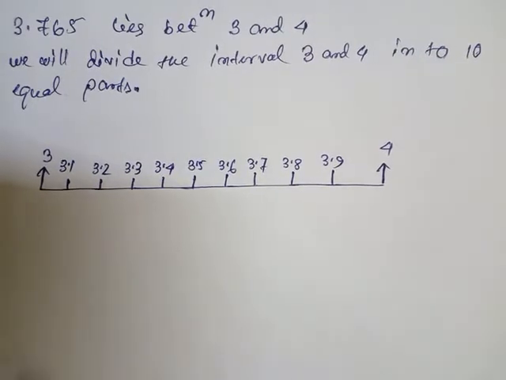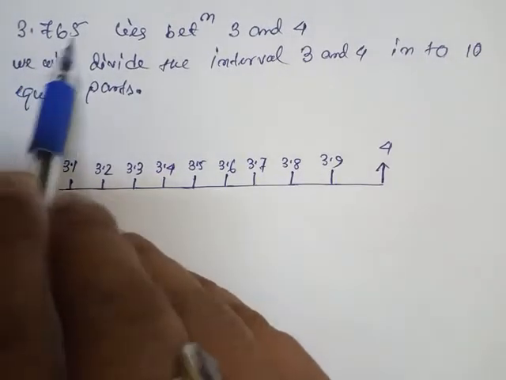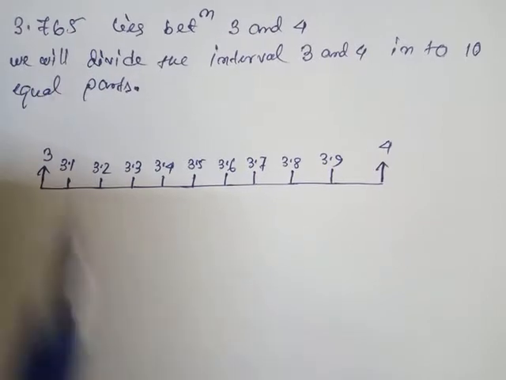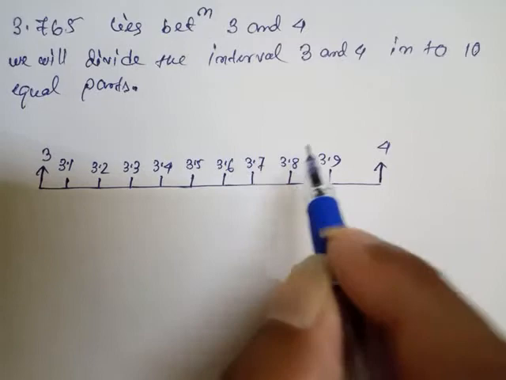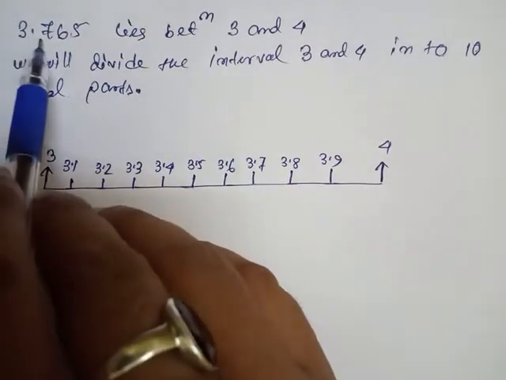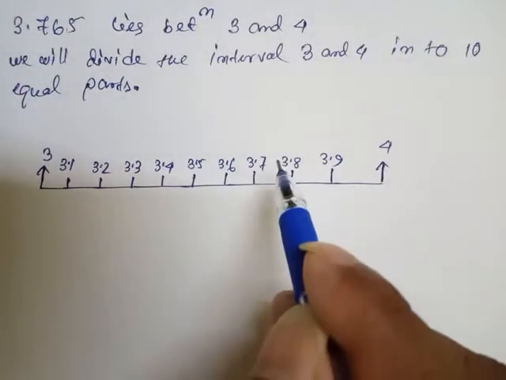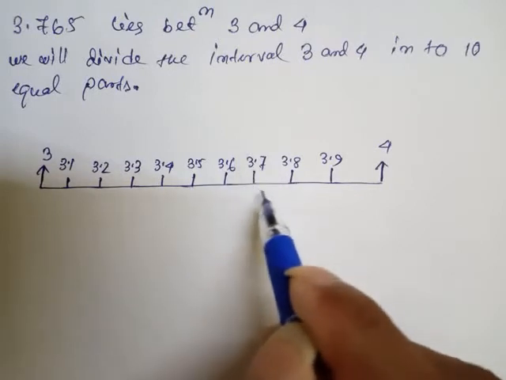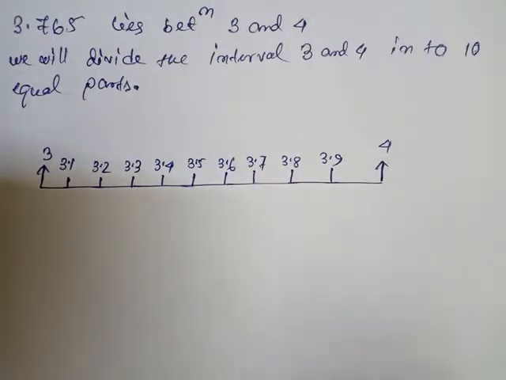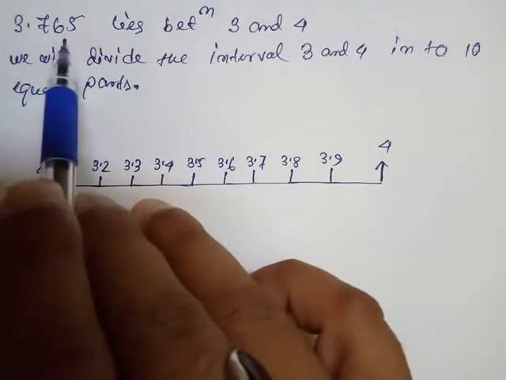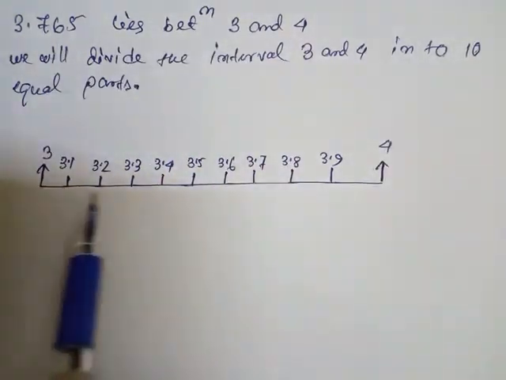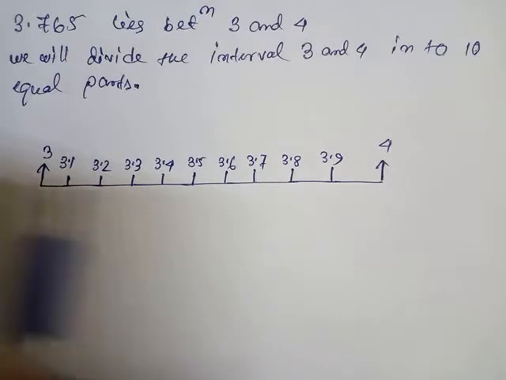But students, look here, 3.765 is the question. It starts with 3.7, which means we'll magnify this position only, 3.7 and 3.8. I repeat, it is given here as 3.7, so I will magnify the position between 3.7 and 3.8 only. All these values lie between 3 and 4, because 3.765 lies between 3 and 4.